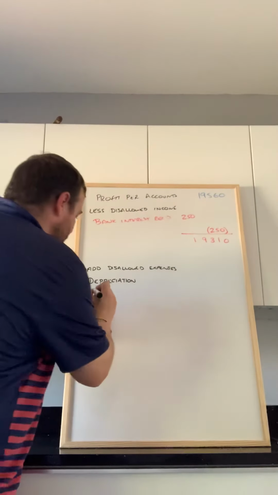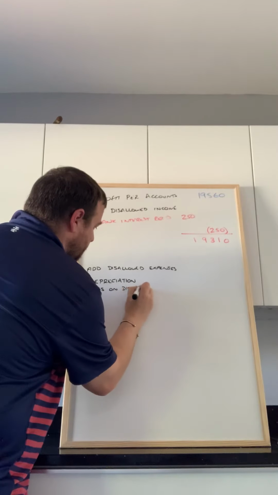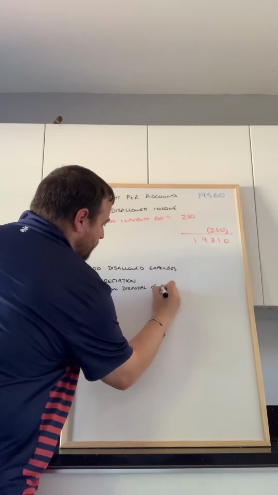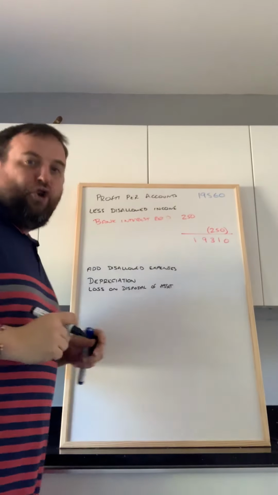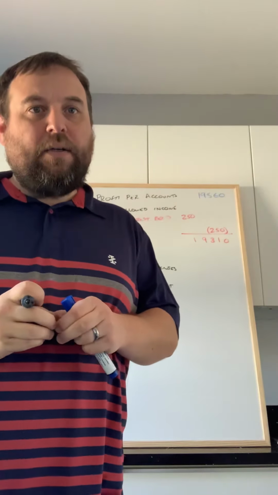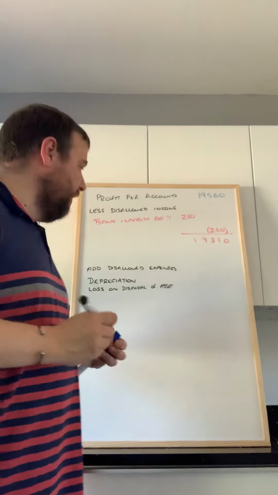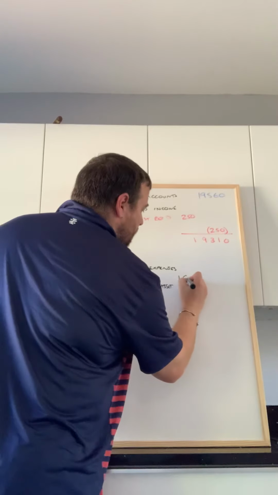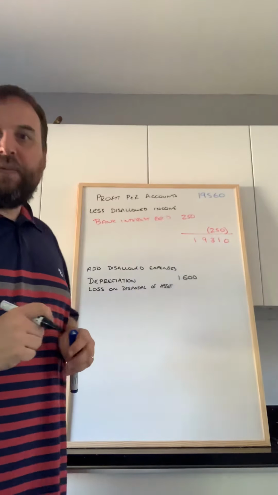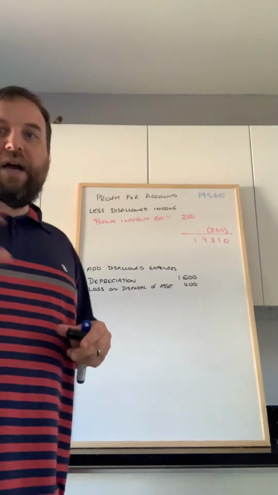Loss on disposal of asset should not be in here either. So those are the two straight away which we take out in entirety, and those two figures are 1,600 and 400. They are done.